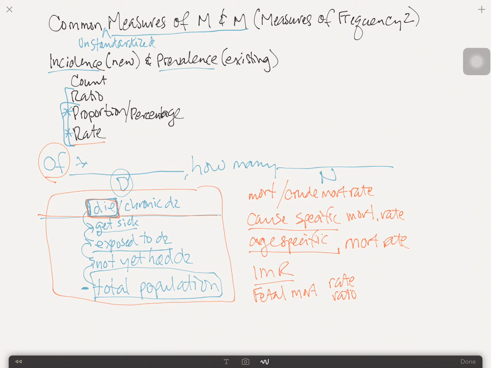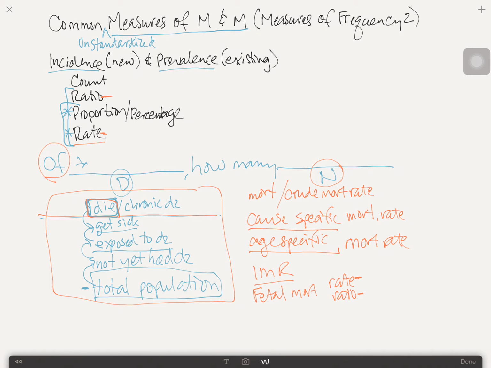So basically the numerator is how many fetal deaths did we have. For the rate, the denominator is all infant births during that year plus the fetal deaths. For the ratio, it's just divided by infant births during that particular year.